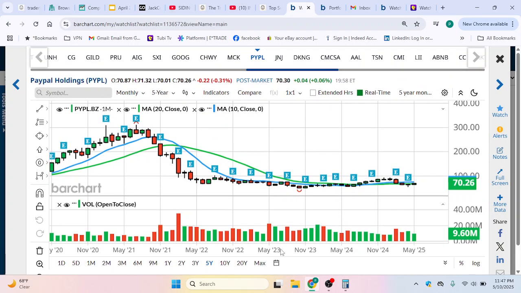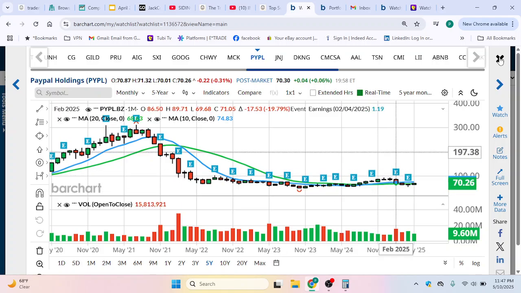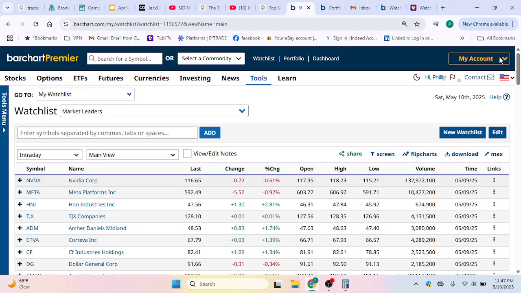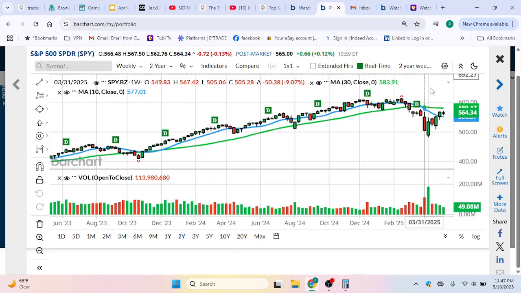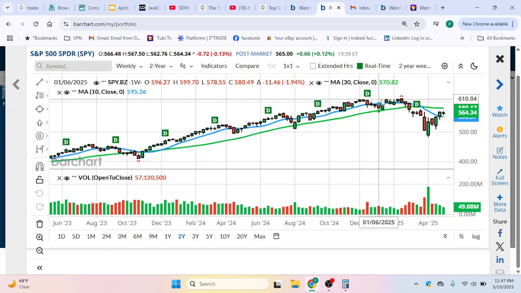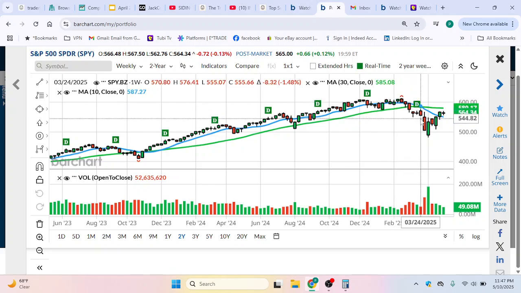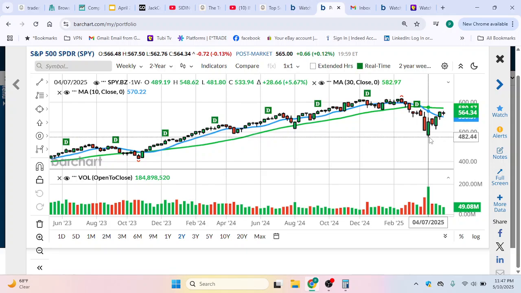So you have to kind of pick and choose what you're going to invest in or what you're going to trade in. If you're a long-term investor, then right now the S&P 500 has just offered you this great buying opportunity, at least in the near term, right?